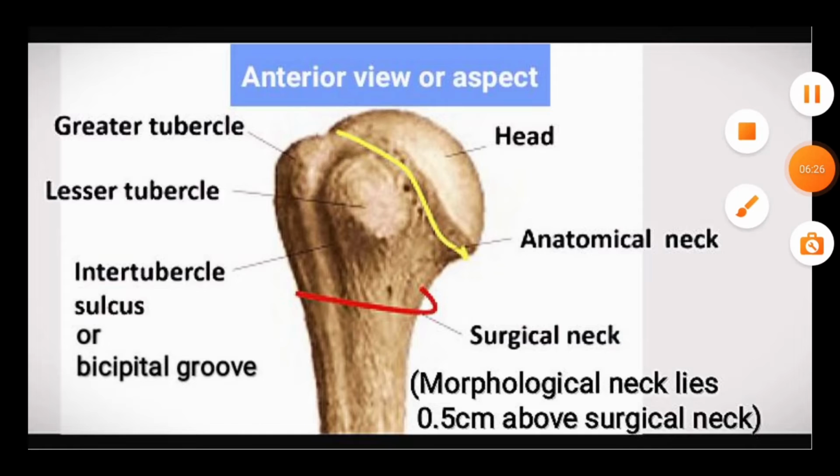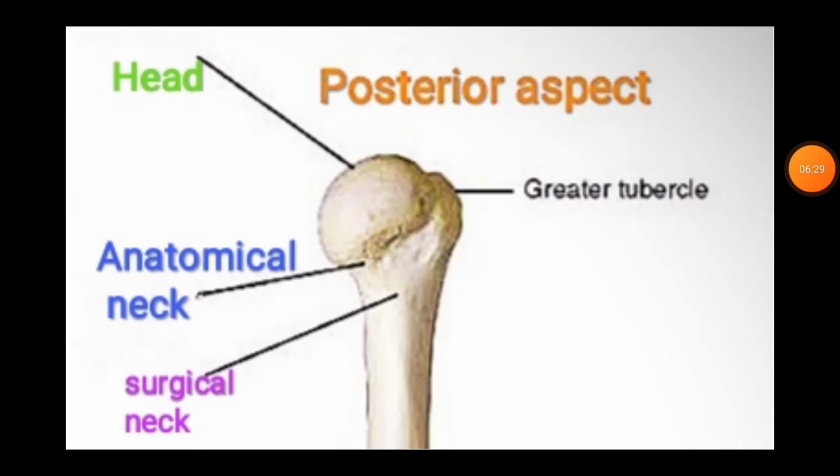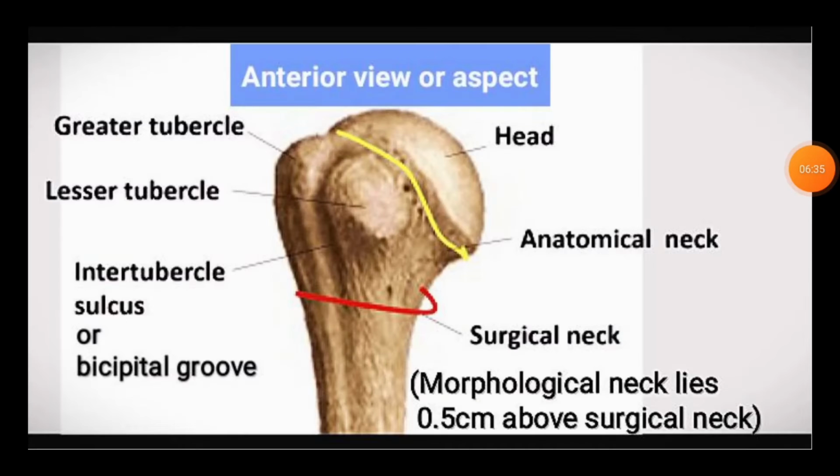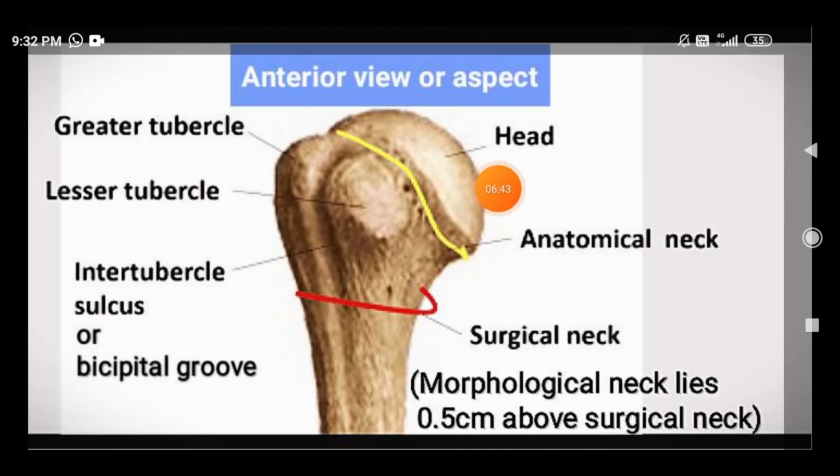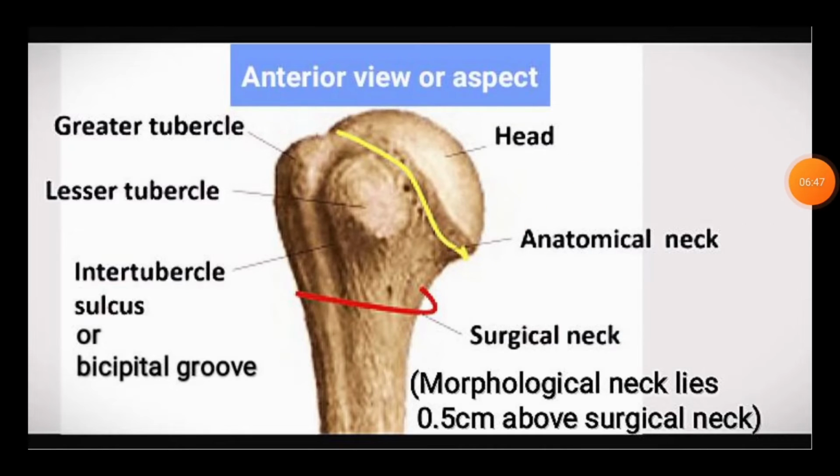This is the posterior view of the humerus. This is the right humerus bone because the head is directed medially, this side, and the greater and lesser tubercles are in front, on the anterior aspect.